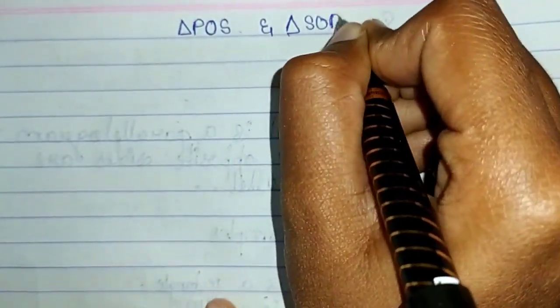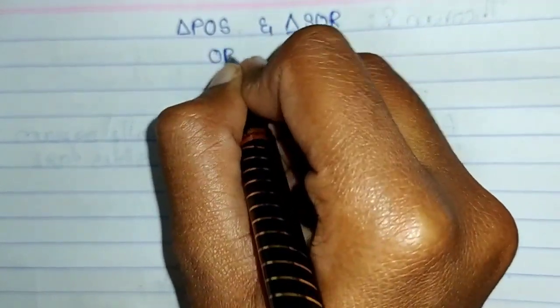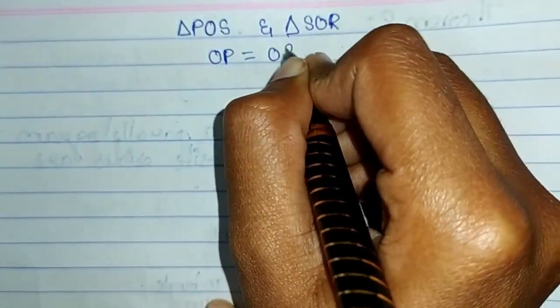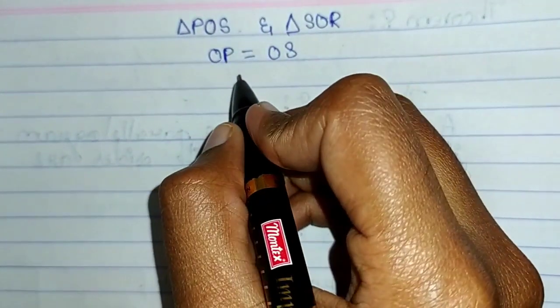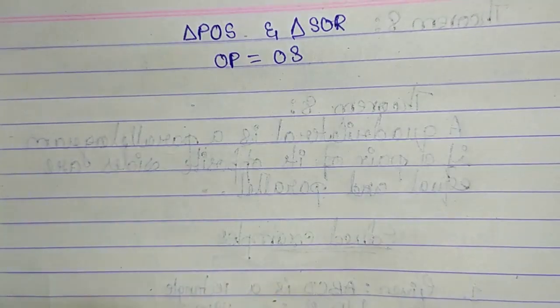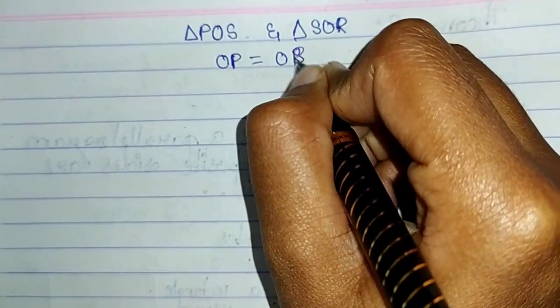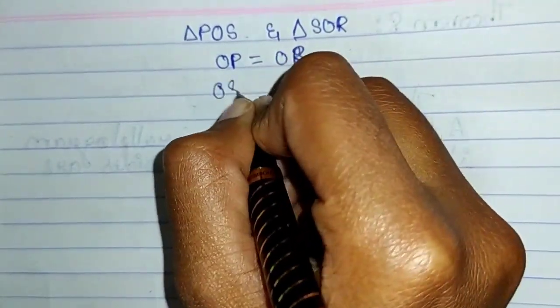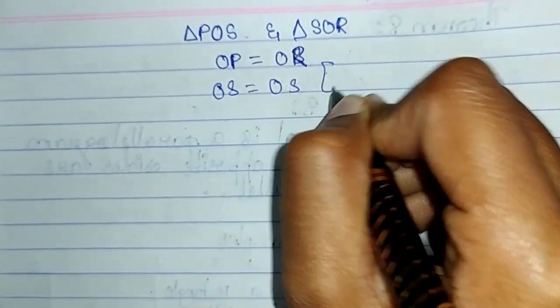Now in triangle POS and triangle SOR, OP is equal to OR, because the diagonals bisect each other. OS is equal to OS because it is common.